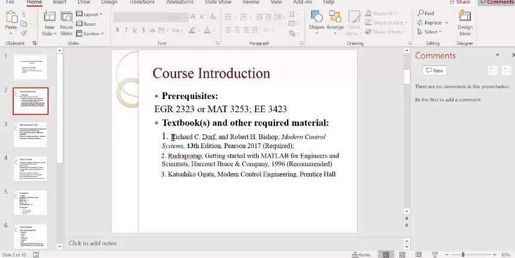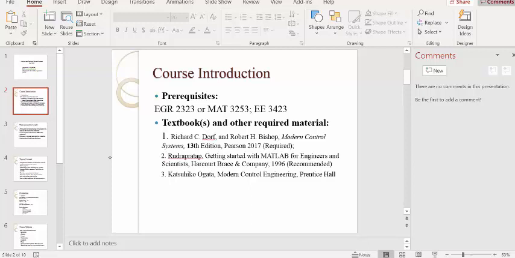Next are the textbooks and materials we use for the course. The first one is the required textbook. Even though I say required, it's important to have it, but if you don't have it, that's okay. Most of my lectures will be self-contained, which means you don't have to refer to a textbook to learn the material in my lectures.